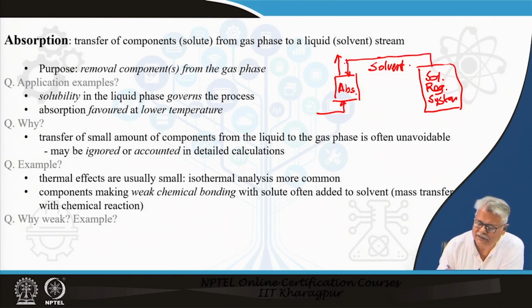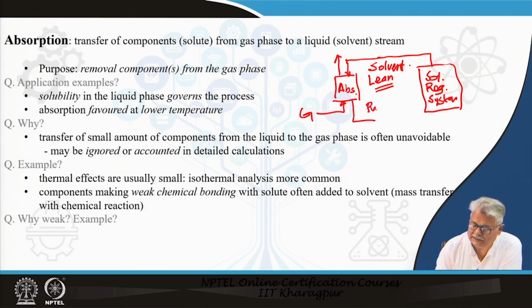The solvent picks up the solute, this is my gas, picks up the solute because it can, and that means the solvent which is sent to the absorber is the lean solvent, because it is lean in the solute. Once it picks it up, it is basically rich in the solute. So, it is a rich solvent which is sent back for regeneration.